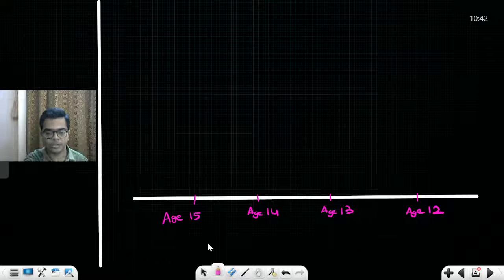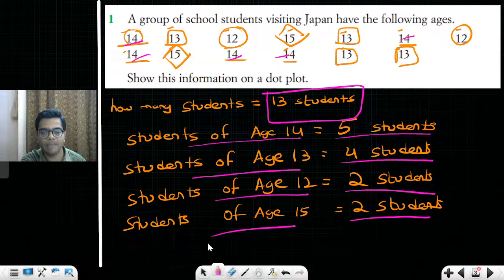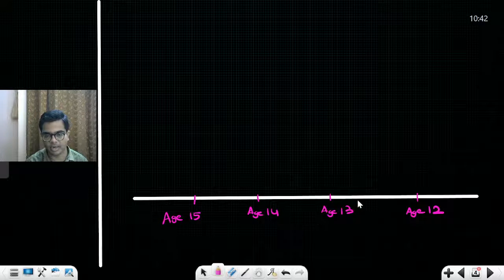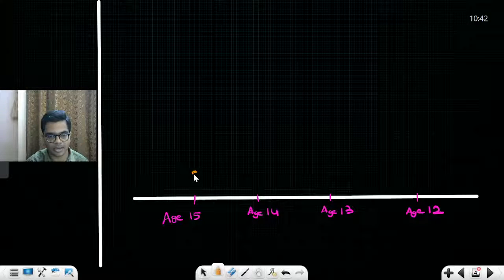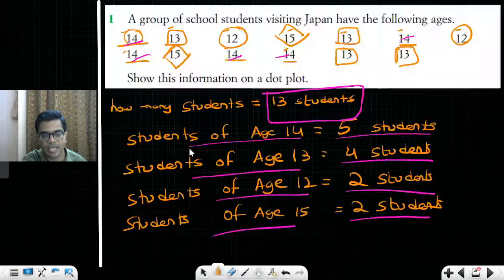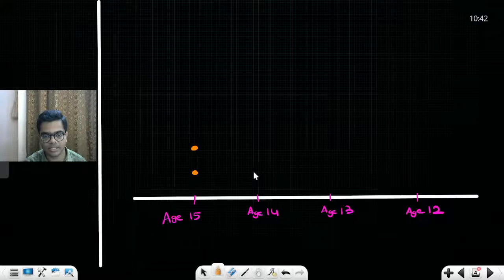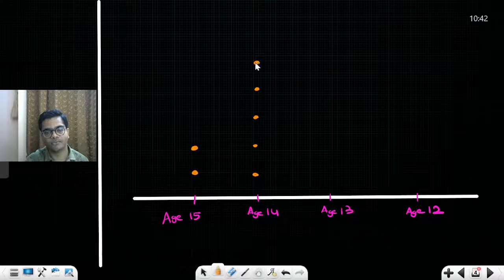Okay, so after drawing this, how many students are there from age 15? Only 2 students are there. So we are going to represent it with 2 dots. Next, from age 14, how many are there? 5 students. 1, 2, 3, 4, 5.